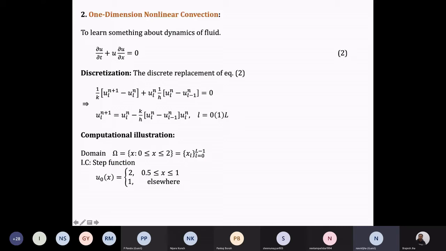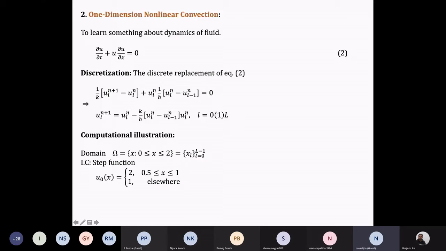So I have replaced this constant by u. Now just go on discretizing. There is a simple difference from the previous one, here it is coming out to be u_i^n. Just go on, simplify it for n plus 1, u_i^(n+1), you have this equation.